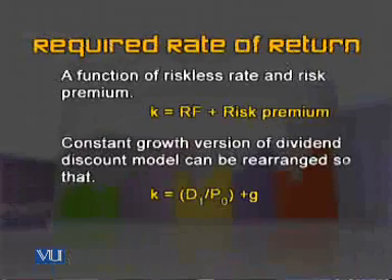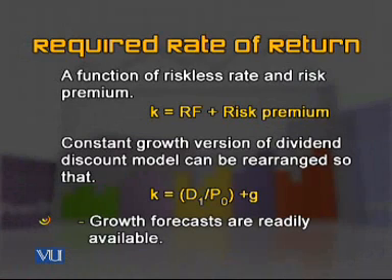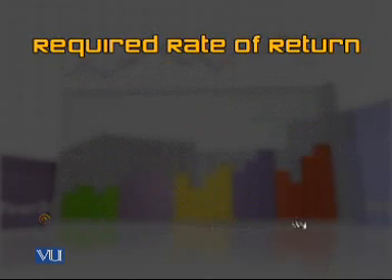The constant growth version of the dividend discount model can be rearranged so that growth forecasts are readily available based on the function of a riskless rate and risk premium, because only then are you in a position to understand the required rate of return.